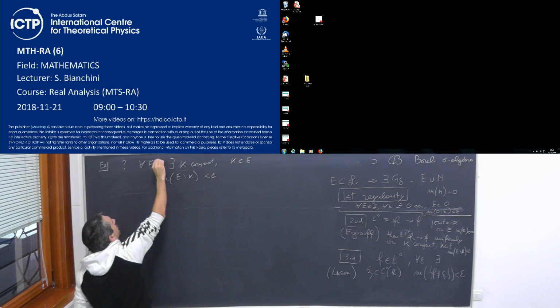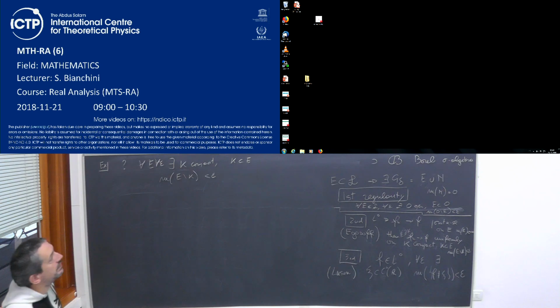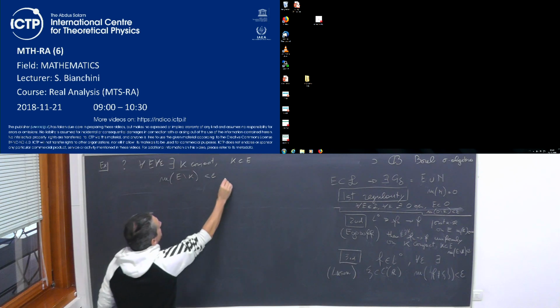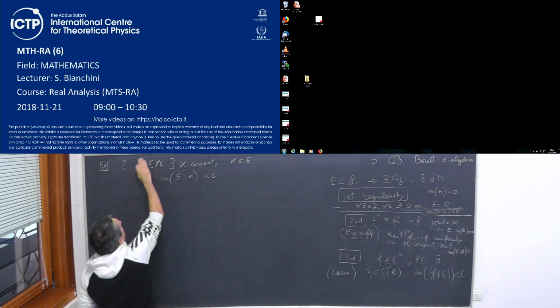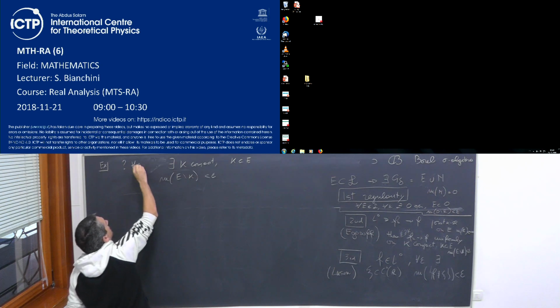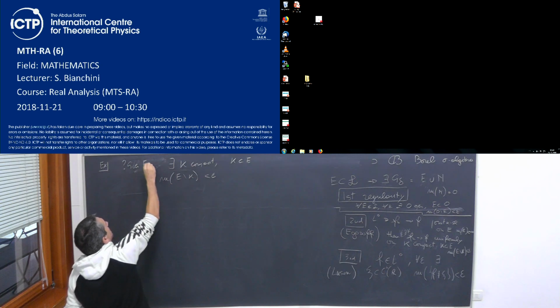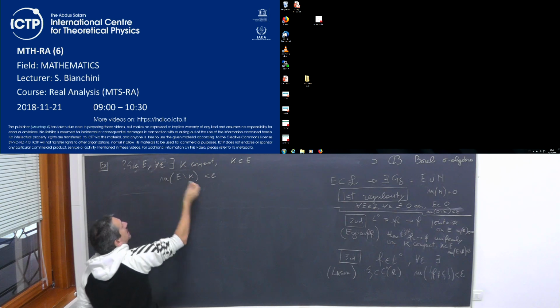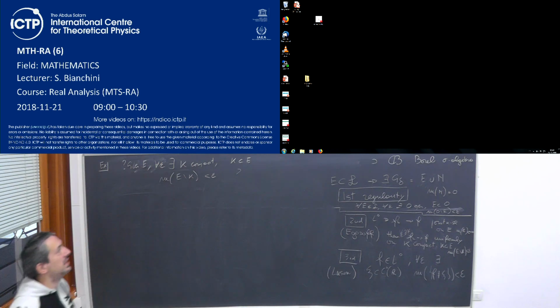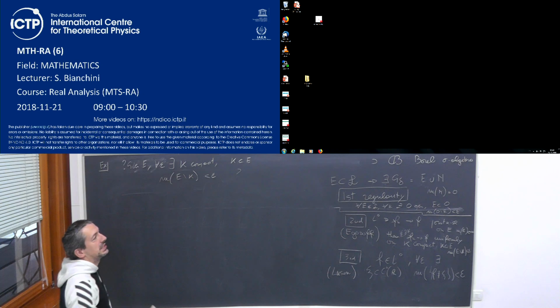So for all E, for all epsilon: given E like this, for all epsilon, there exists a K which depends on E and epsilon, such that this holds.